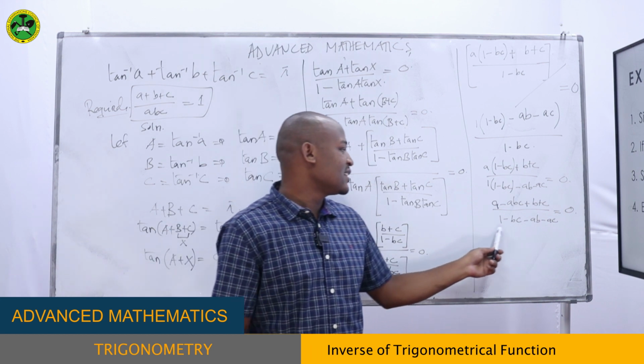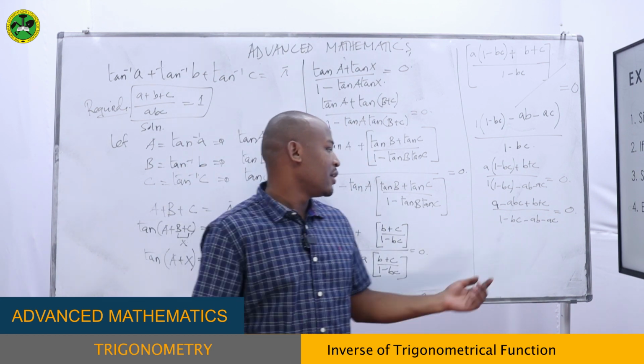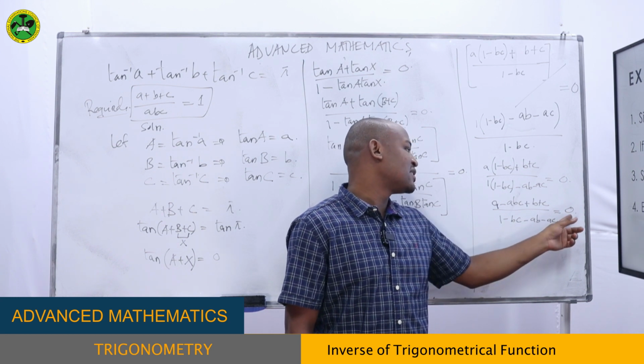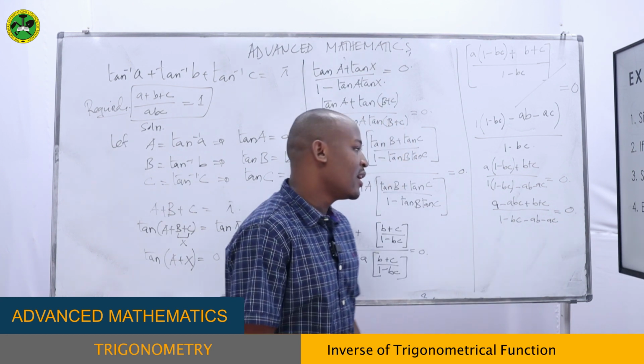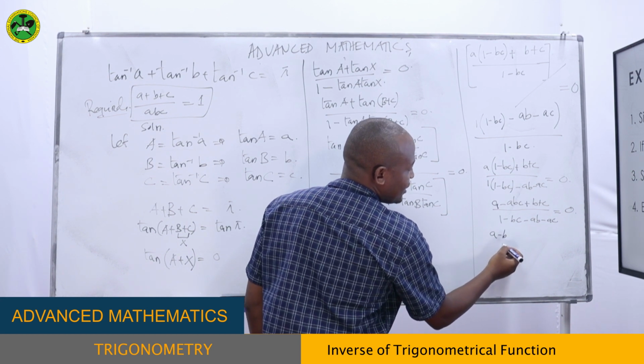Now, if that equals 0, what can we do next? You will see that this part here can be multiplied by 0 and the answer will be 0. That is to say, we will be left with A minus B.